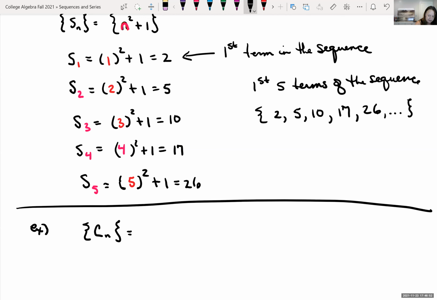And C sub n, that sequence is defined to be negative 1 to the n plus 1 power, and then times n squared. And again, it wants us to find the first 5 terms of the sequence.